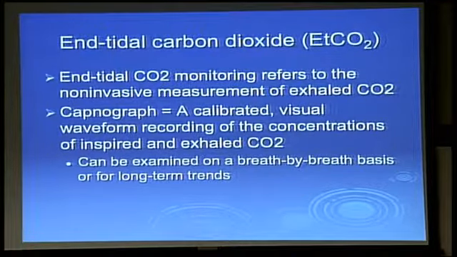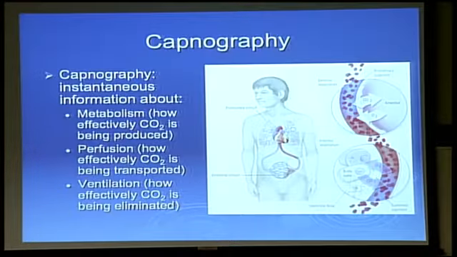So end-tidal CO2 is a non-invasive measurement of the exhaled carbon dioxide. The capnograph is a visual recording of how the waveform progresses over time. You get both the information from the waveform breath by breath and what that peak is, but then you also get critical information about how the expired carbon dioxide is changing over time.